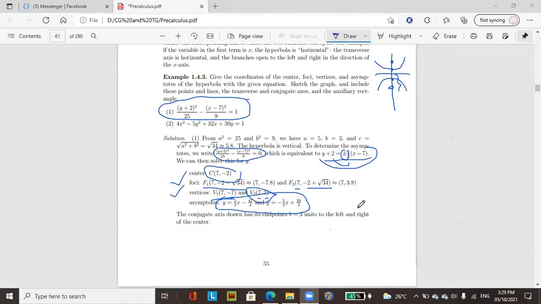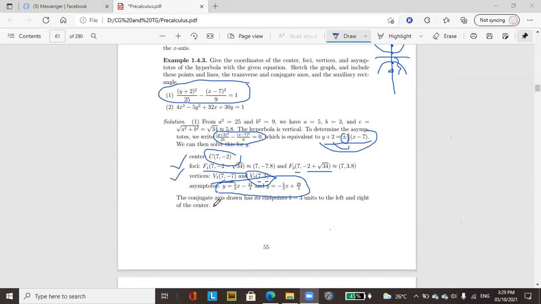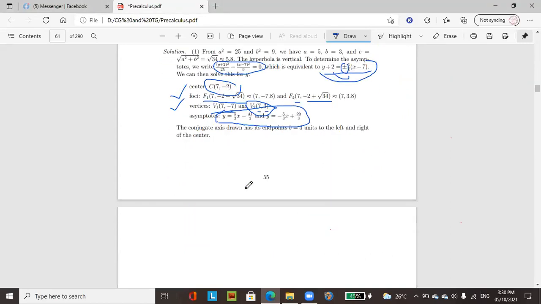Any question, class? So the conjugate axis drawn has its endpoints B equal to 3 units from the left and to the right of the center. So nadinhi ang conjugate axis, man siya si transverse axis.